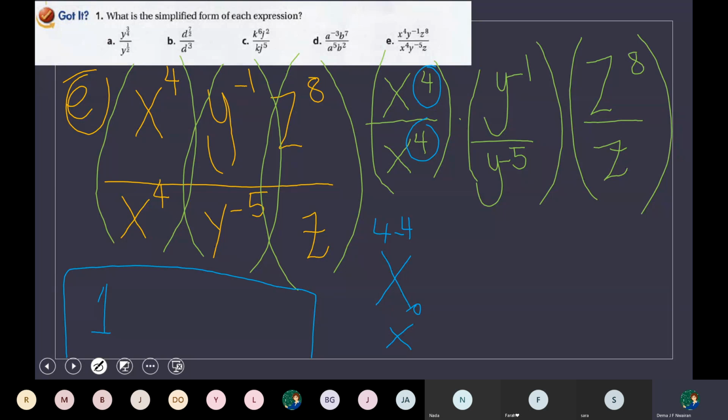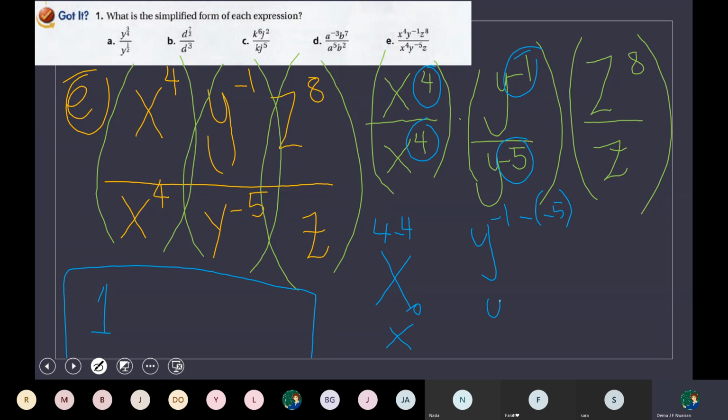Now the second one. Y, then negative 1 minus negative 5. Take care of the signs. It's negative 1 minus, because they are subtracted, negative 5.